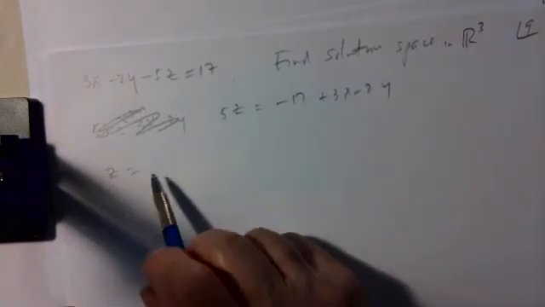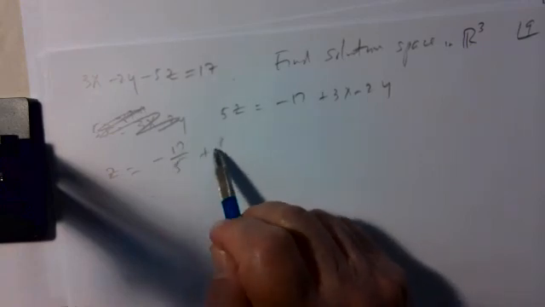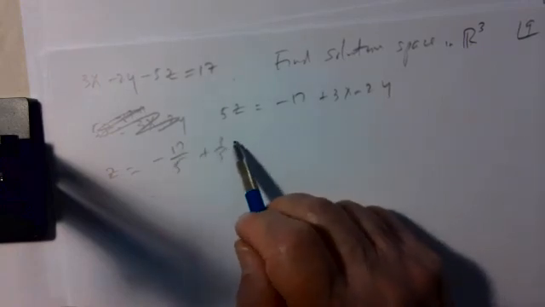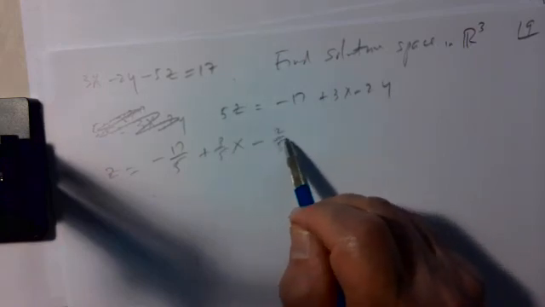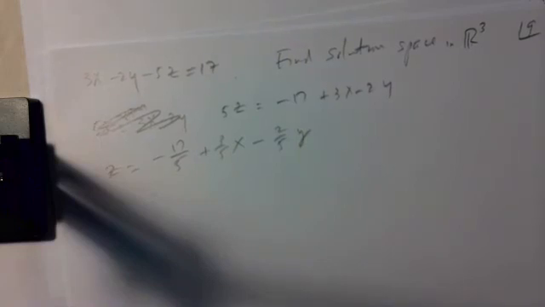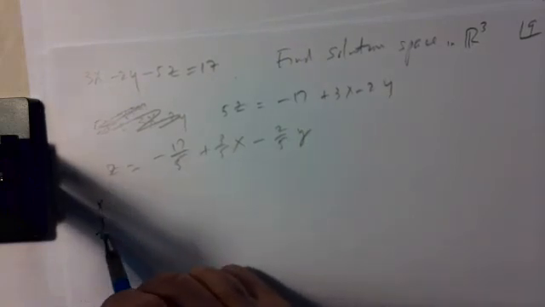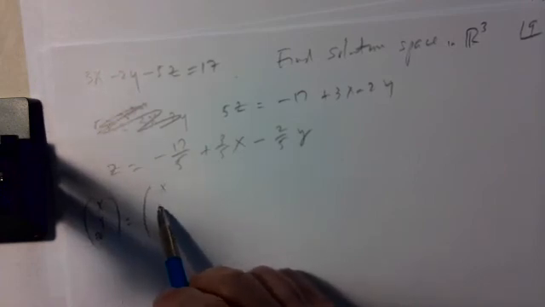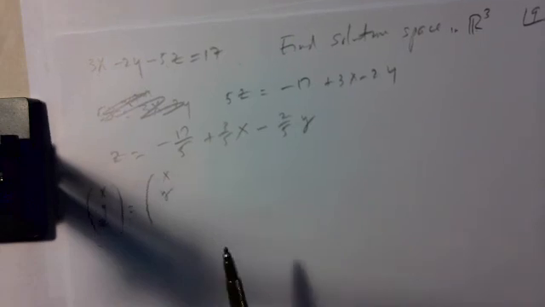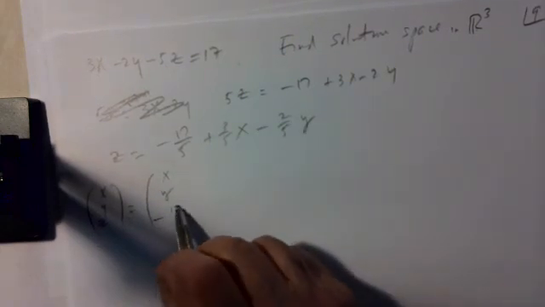So z is minus 17 over 5, just dividing through by 5, plus 3 over 5 x minus 2 over 5 y. So for the solution x, y, z, I can choose any number for x and any number for y, but then z is required to be this.